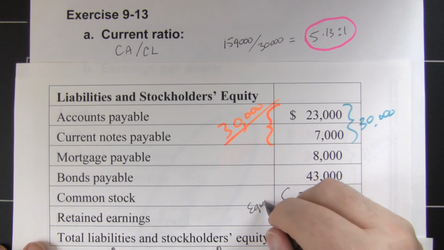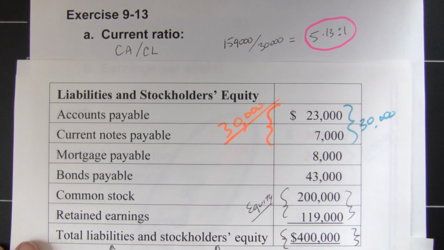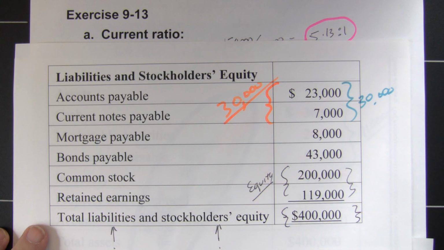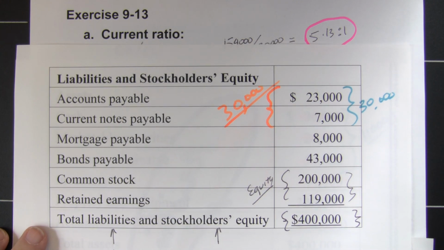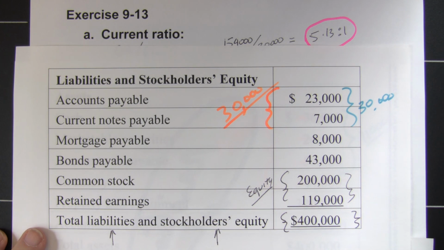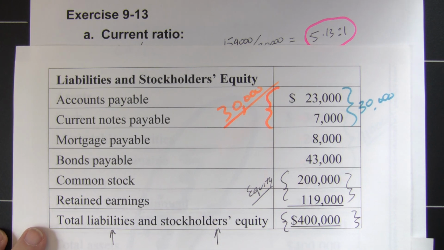That's the only thing that counts as equity. Common stock and retained earnings. And there may be questions like this on your exam. It would not hurt to have these written down on a note card so you have these quickly at hand, so that if you need to go and look at the formula to get the relationships, you can.